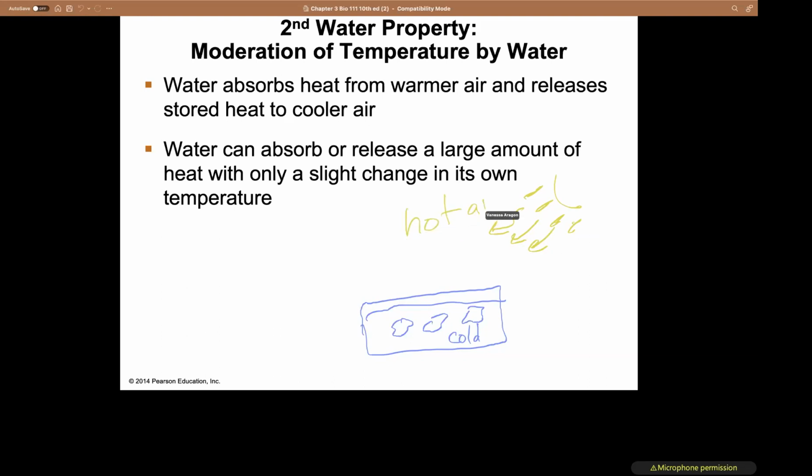So what's going to happen is the heat from the outside is going to transfer to the colder water, and that is going to basically warm up that colder water. So just remember, heat always goes from hot to a colder area.